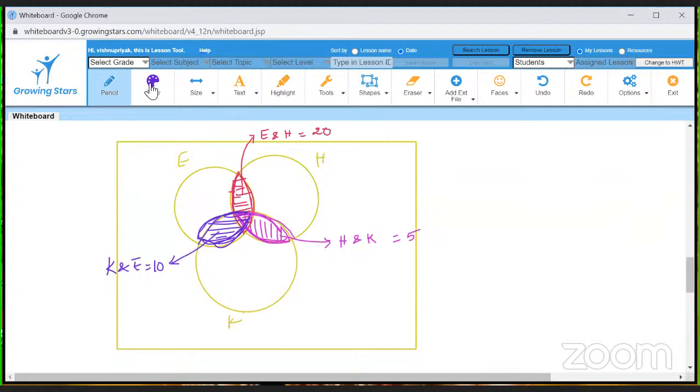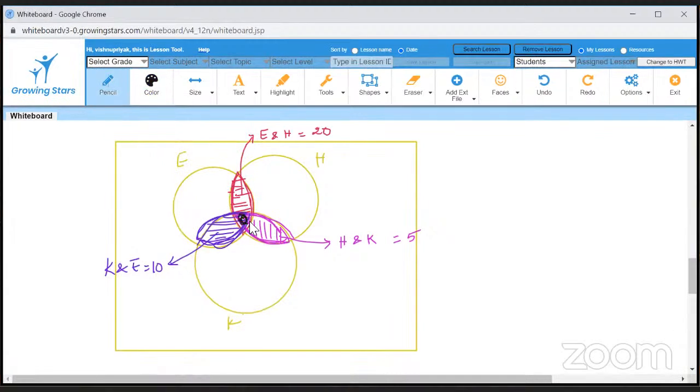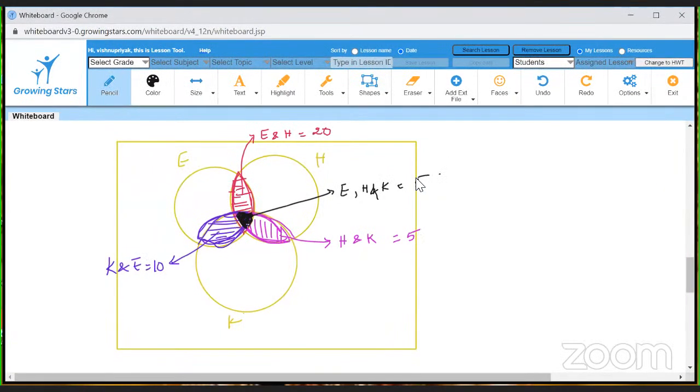Now suppose I will take the middle region. This middle region in the triangle part, English, Hindi, Kannada, all the 3, 5 people speak. That is what I have.